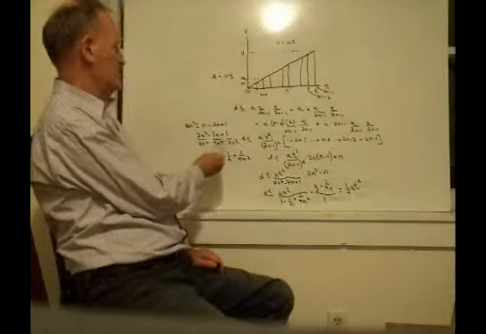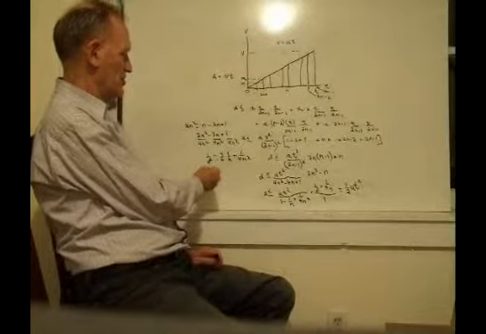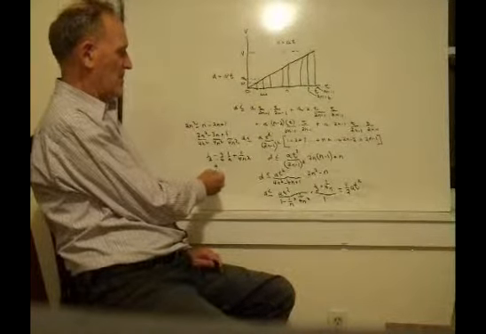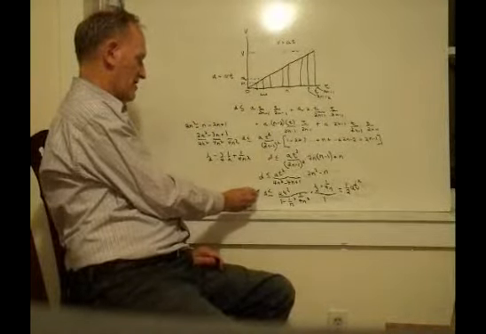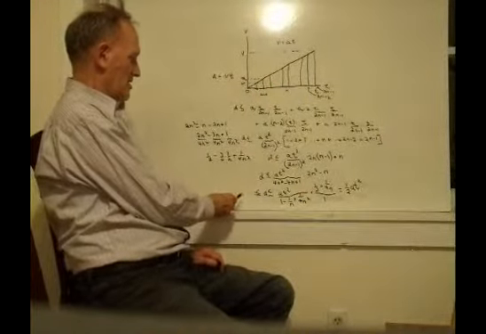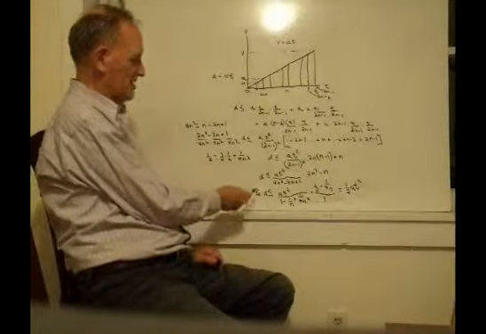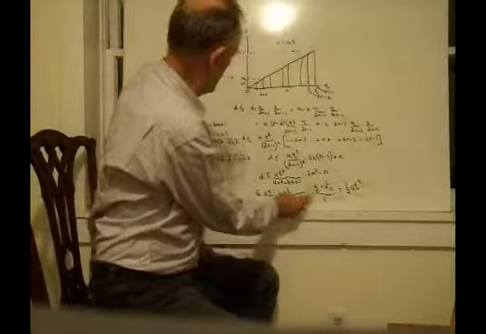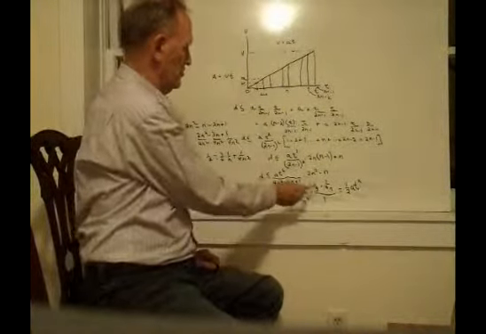And what does this approach? This also approaches 1/2. So even in our low-ball estimate, this still approaches 1/2.